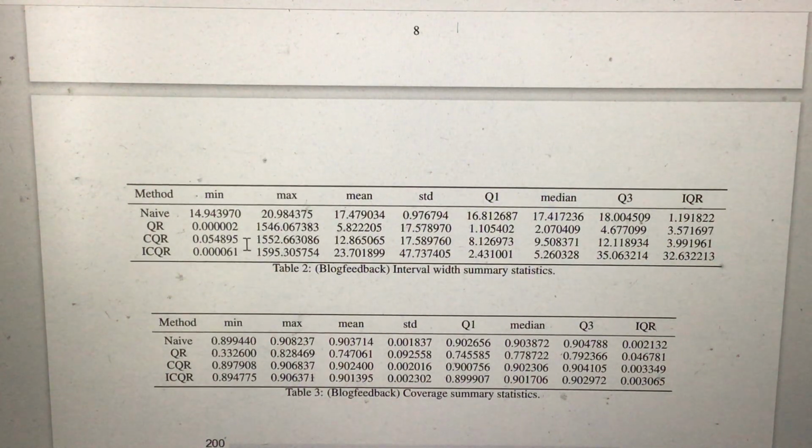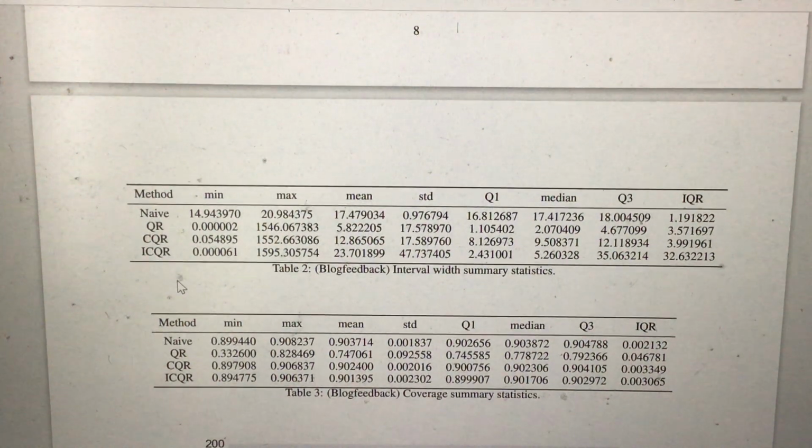CQR maybe will be more conservative, because we can see the minimum is significantly larger than QR. But ICQR is more adaptive because it understands the actual data.